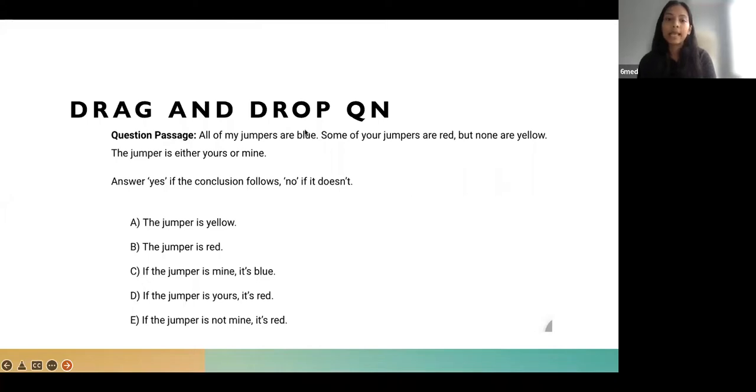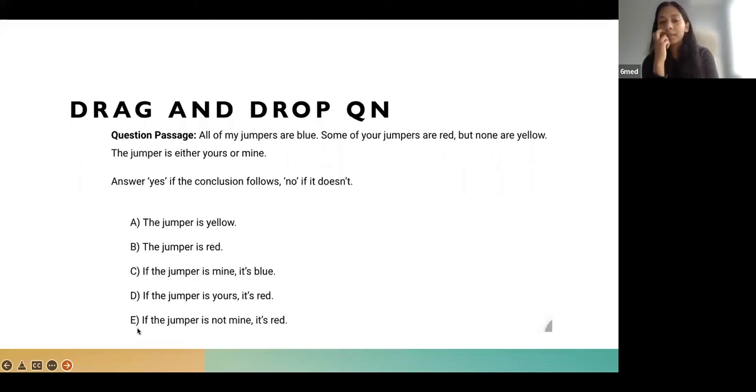Some people saying yes, some saying no. If the jumper is yours, it's red is a very factual statement, but we know that only some of person two's jumpers are red, and others could be different colors. So actually, statement D is a no. This statement is basically assuming that all of person two's jumpers are red, whereas from the text, we know that's not the case. So D would be no.